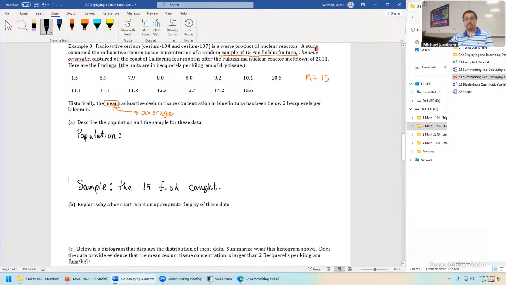You don't have to write down the scientific name. I'll just say, because it's a population, we're concerned with all Pacific bluefin tuna, but that's not the full story at all. There's a couple more things we need to add here. Anyone see what else we need to add to really nail down this population?